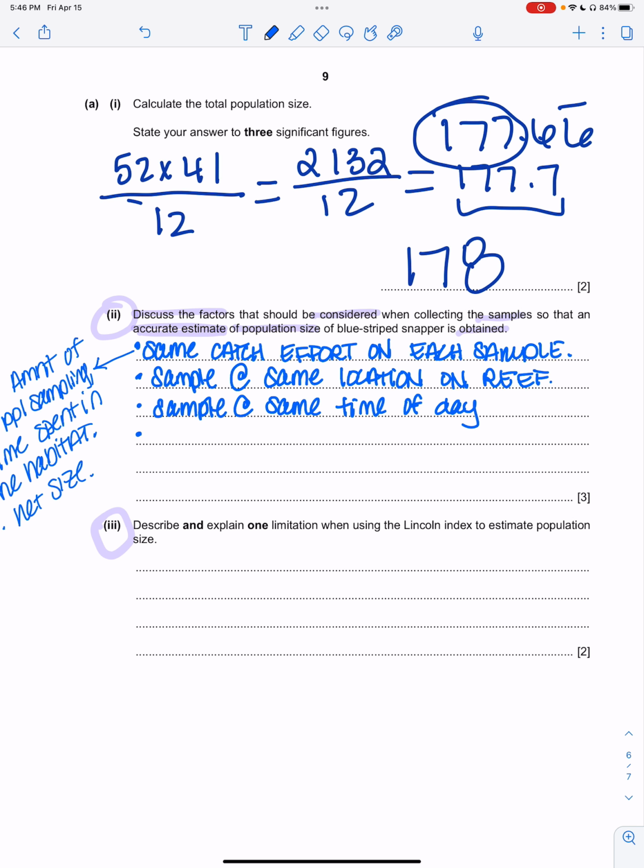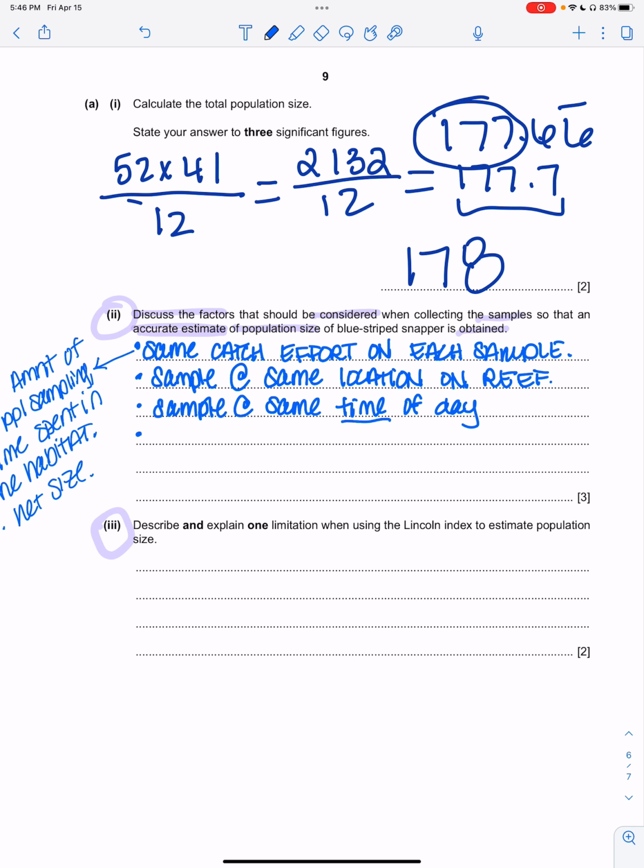If you're sampling at the same time of the day, things that do fluctuate daily, just a little bit, are going to be your tidal cycles. Like high tide and low tide are going to be maybe minutes off each other, because that's also how our moon phases may change. So that would be something you want to consider, is taking samples at the same point in the tidal cycle.